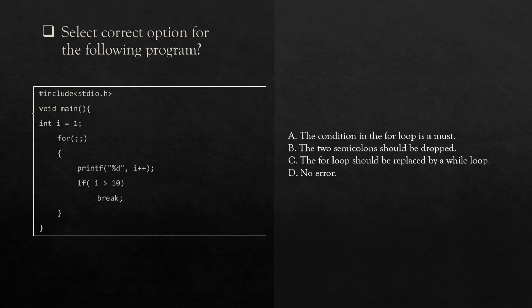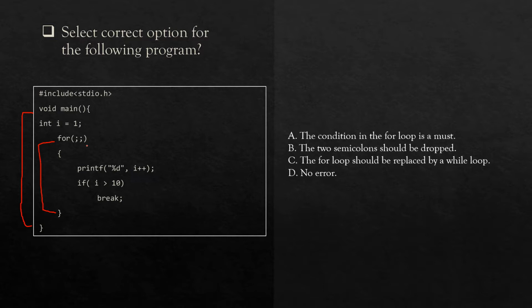In this question, we have a main function, and inside this main function, we have a for loop, and inside the for loop we have a printf statement and an if condition. You can see that inside the for loop we don't have any conditions, any initialization or any incremental part.